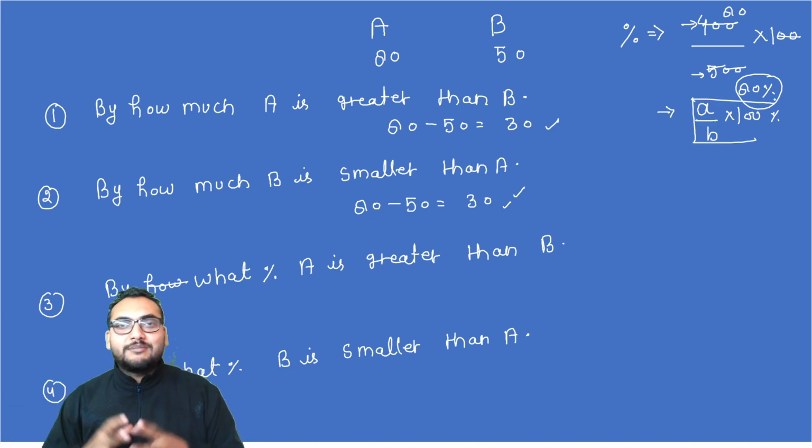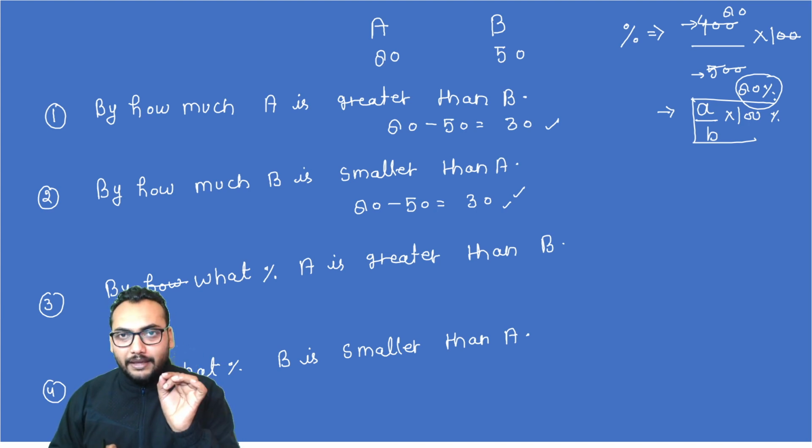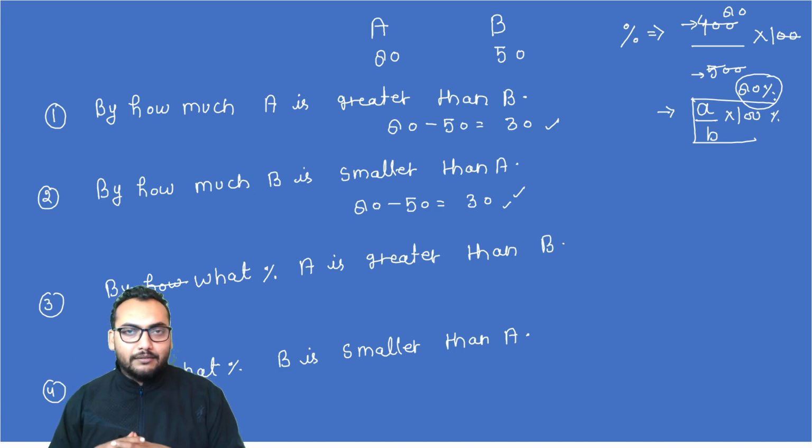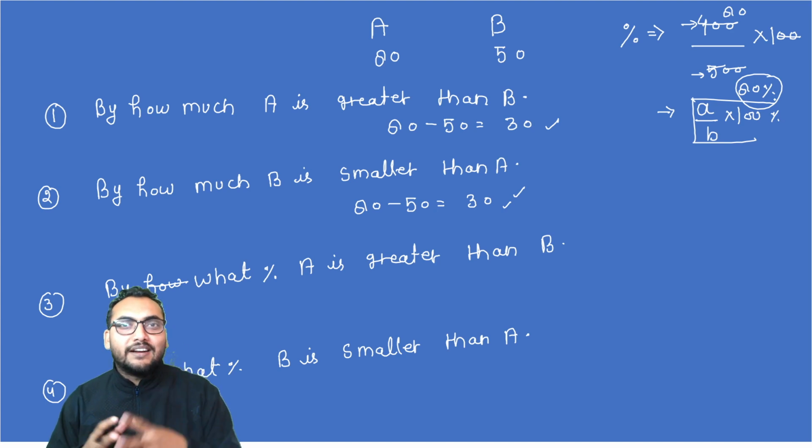Now I'm sure you must be thinking why we have written A by B multiplied by 100. So here A, or you can say the numerator, what can be the value for the numerator? The numerator will be that value which you want to compare, and the denominator or B will be that value with which you want to compare the numerator.